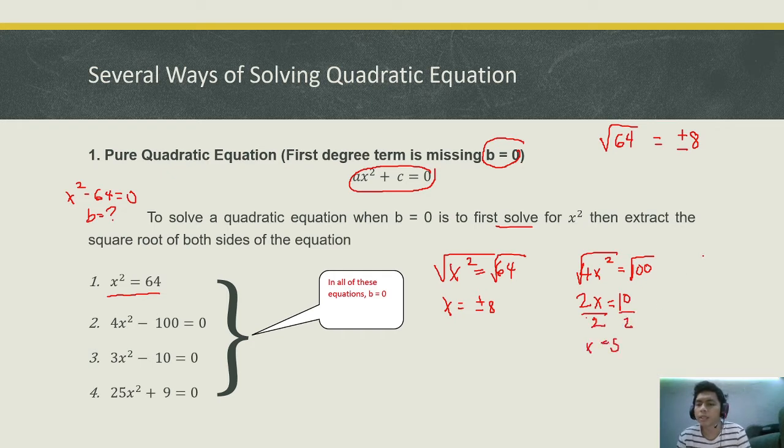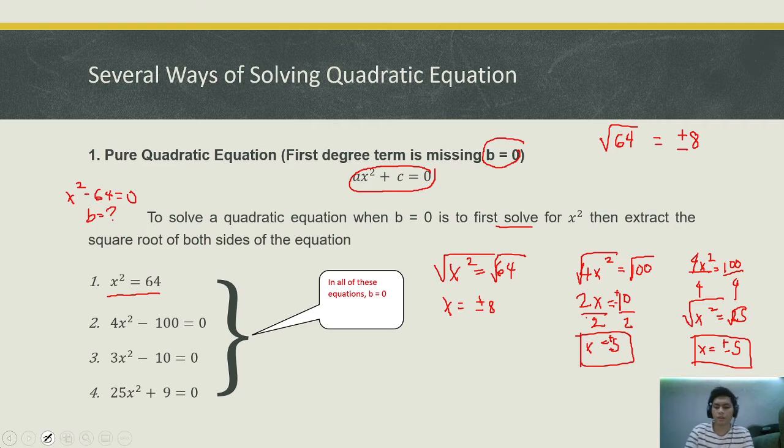Or you can simply do this first: x squared equals 25. I forgot to put positive and negative 10 here, sorry. So that's why it's positive and negative 5. Taking the square root of both sides, we have the same answer, positive and negative 5.